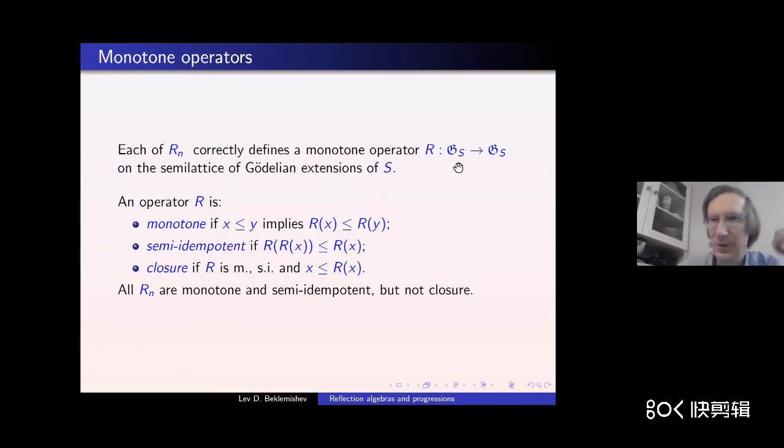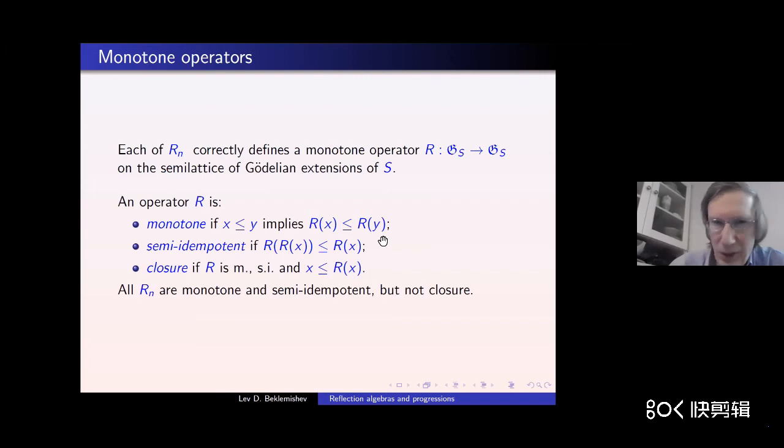It maps a theory T to Rn of T, axiomatized by S plus the axiom Rn of T. That's a unary operation, which usually satisfies certain good properties, among which monotonicity: if x is smaller than y, then R of x is smaller than R of y.